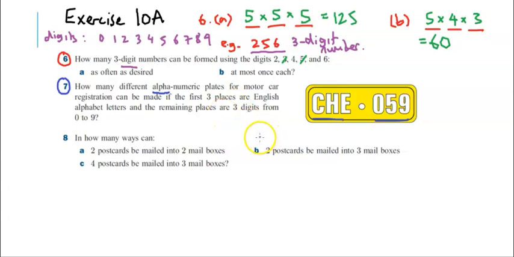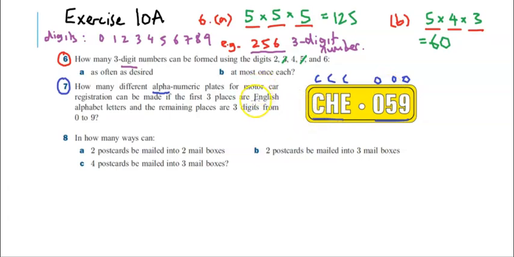There is nothing that says we can't repeat them. So you could have, for example, CCC 000. That would be legitimate, because the purpose of a number plate is just to identify a car. So that would be a legit number plate.